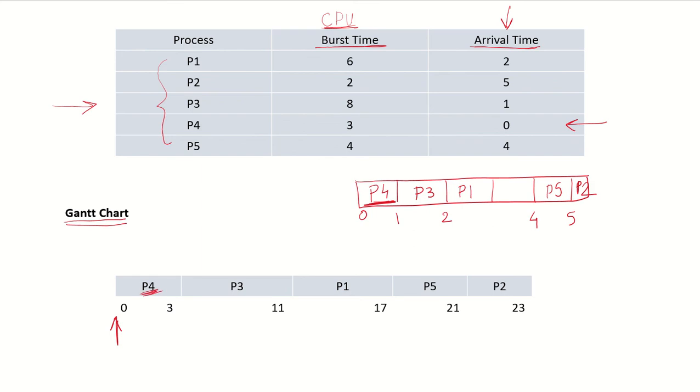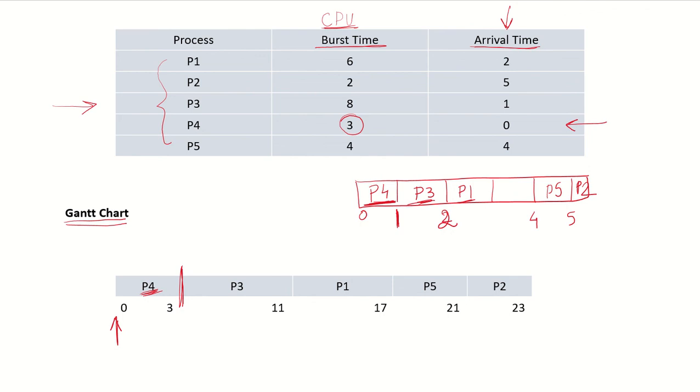Since this is a non-preemptive algorithm, even though P3 has come at 1 and P1 has come at 2, P4 will continue executing on the CPU. Since the burst time of P4 is 3 time units, it requires the CPU for 3 time units, so it will release the CPU at 3.